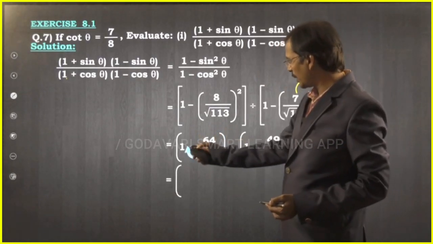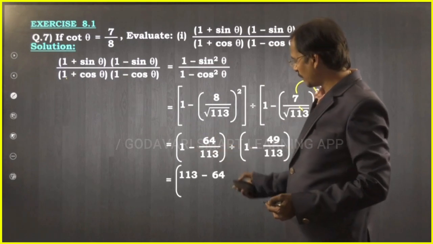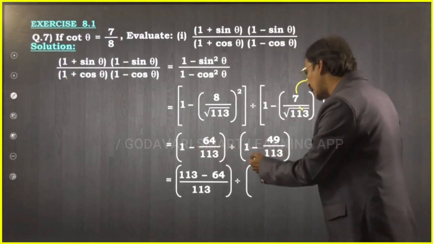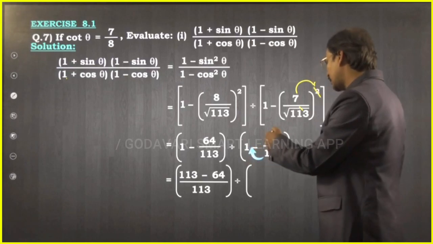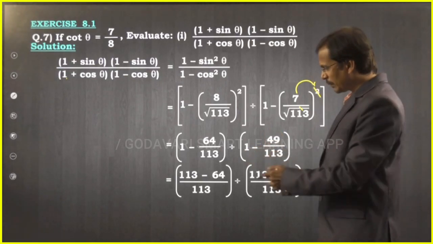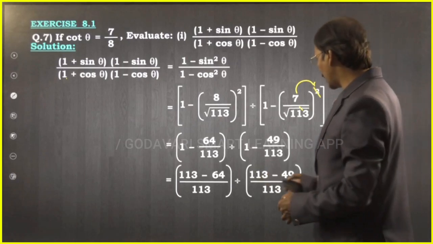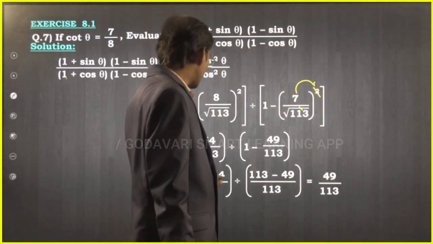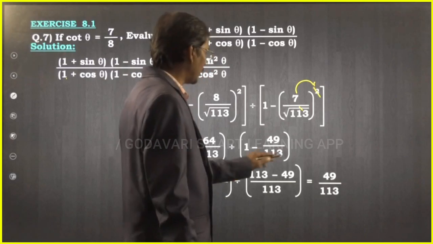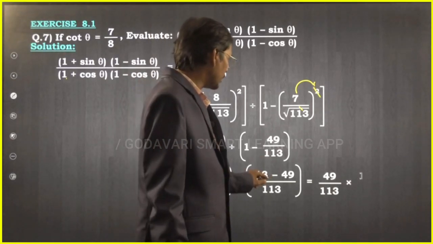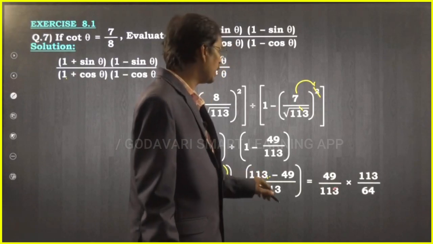113 into (1 minus 64 by 113), divided by 113 into (1 minus 49 by 113). So 113 minus 64 is 49 by 113, divided by 113 minus 49 by 113, that is 64 by 113.